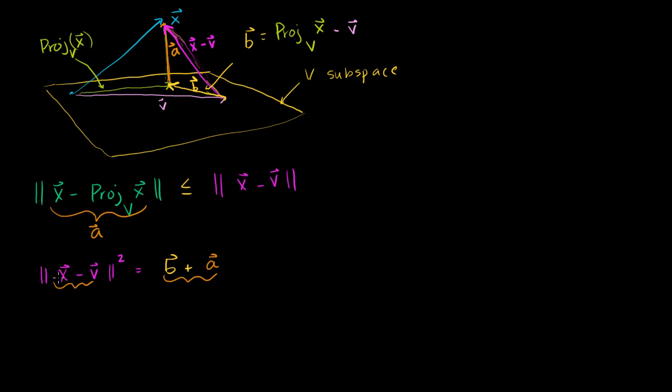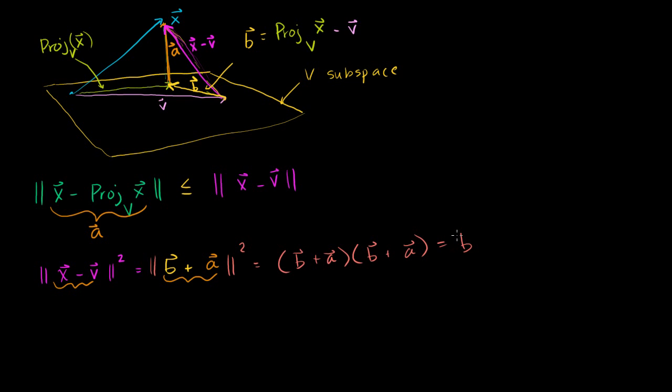And if we're taking the length of x minus v squared, that's the same thing as the length of b plus a squared. And that's just equal to b plus a dotted with b plus a. Let me write that a little bit neater.